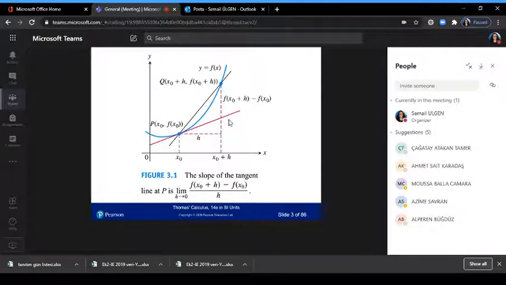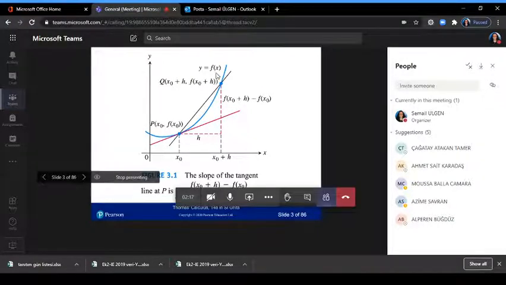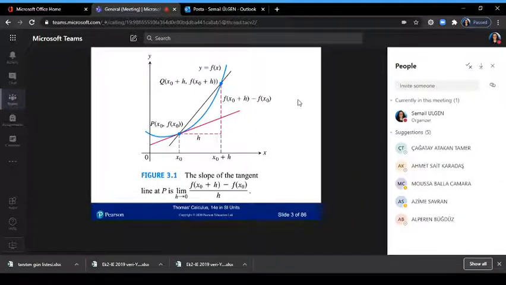And in the previous sections, actually chapter 2, we said that we can find the slope of this tangent line approximately. We would just take this Q, make it closer and closer to P. We would just compute the slope of the secant line.